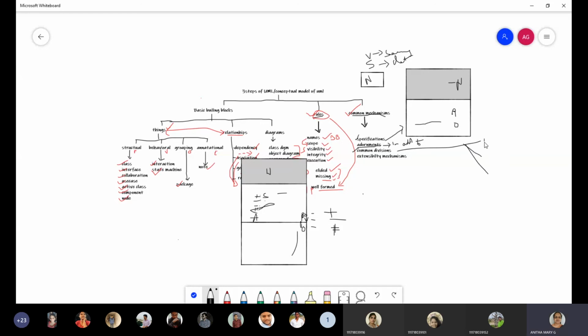The first one is the division between class and object. How exactly are we giving a class? I just told you: the class has three compartments, whereas for the object you can just give the rectangle.